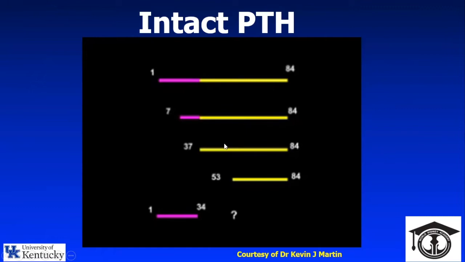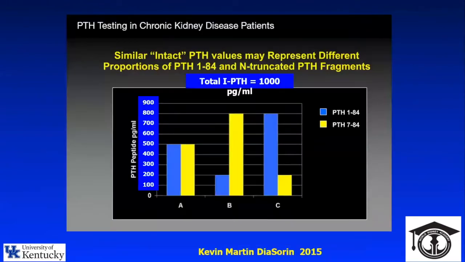So this is 7-84. And you can even get just a small portion of the C terminal, like 53-84. And very rarely you can find only the N terminal without the C terminal. In patients with CKD, they tend to retain the C terminal because it's a bigger molecule.